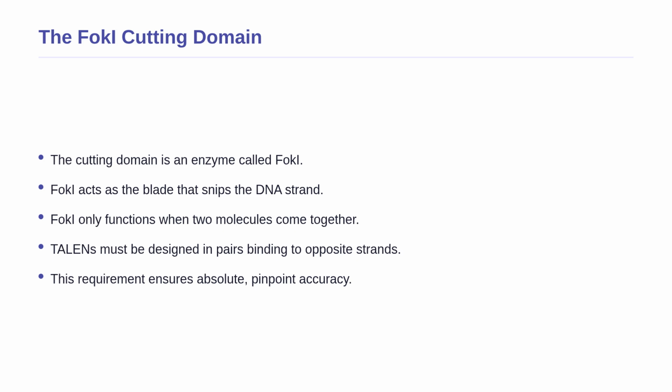It only works when two of them come together to form a pair. Because of this, TALENs must always be designed in pairs that bind to opposite strands of the DNA. This dual binding requirement ensures that the cut is made with absolute pinpoint accuracy, preventing unwanted damage to the cell.